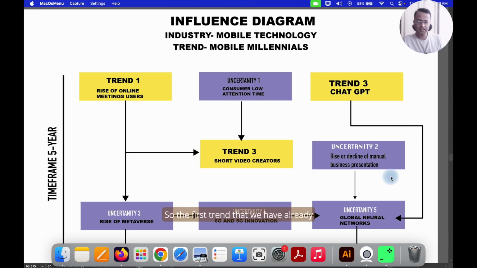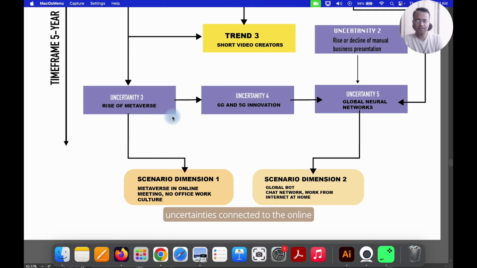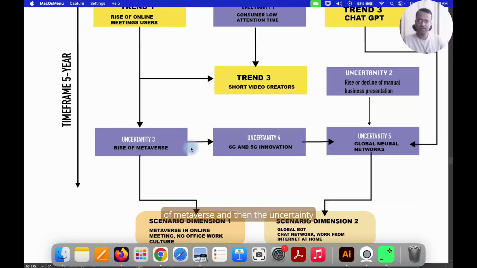The first trend that we are already witnessing is the rise of online meeting users, and this trend is also connected to trend 3, the short video creators. The uncertainties connected to online meeting users are the rise of metaverse, the uncertainty related to 6G and 5G innovation, and the global neural network.